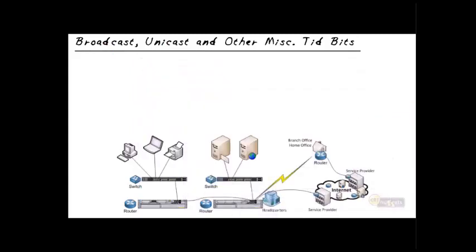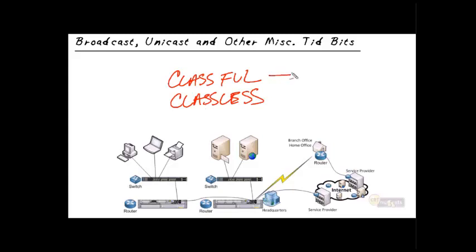One other thing I want to cover is that when we're working with IP addresses, sometimes you'll hear the concept of classful and classless. And all that means is that if you're dealing with a classful network, you're paying attention to the default masks for class A, B, and C addresses.